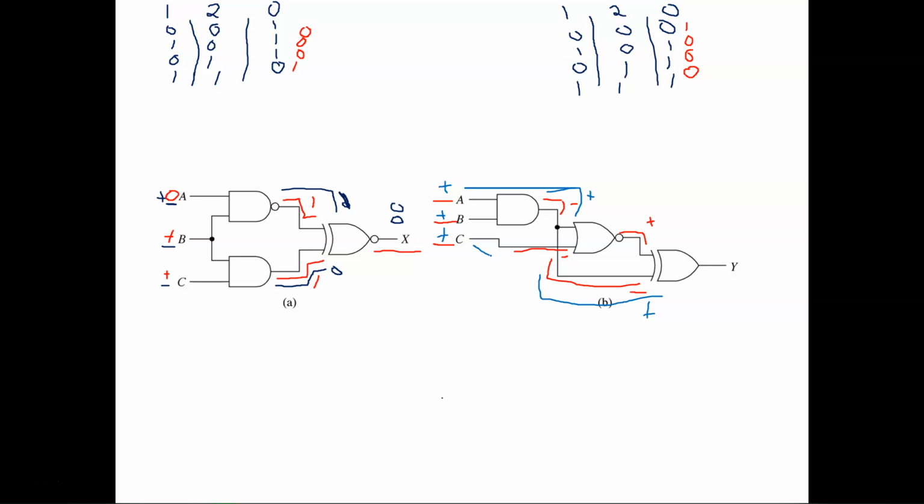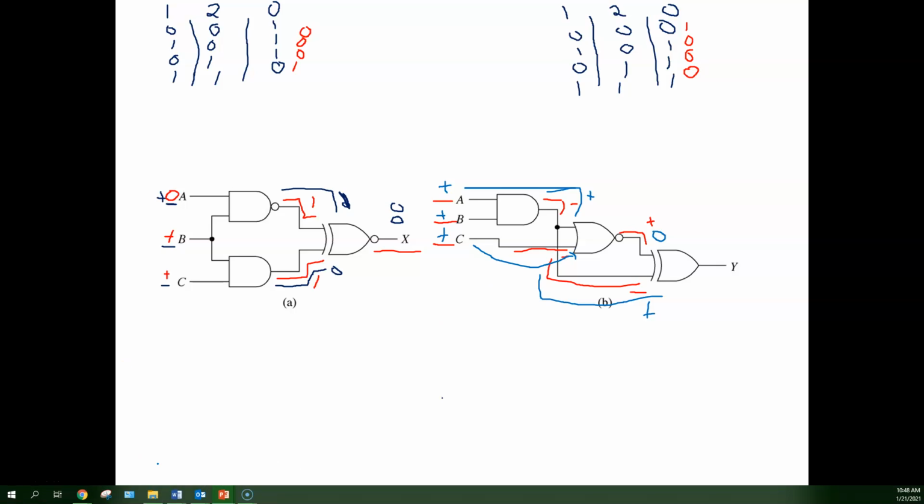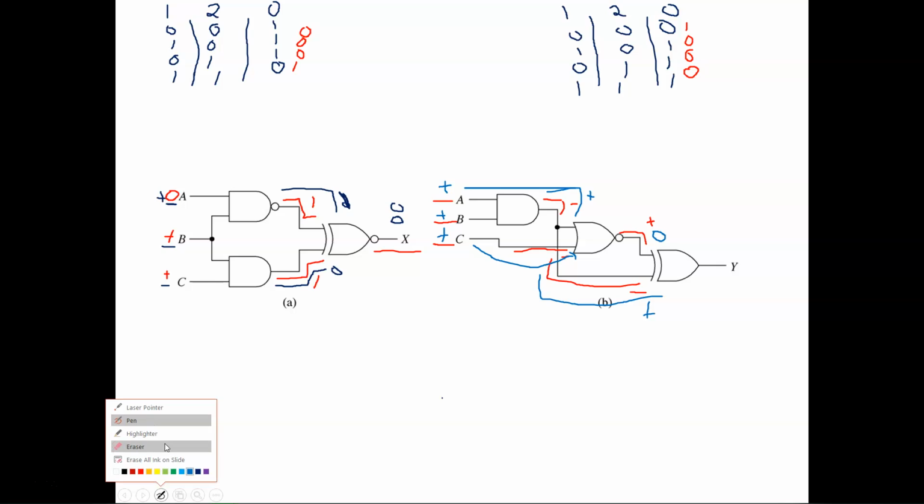But when I put a positive output on this guy, what does that give me out? A negative. It gives me a negative out, excuse me. So that means that this guy will again allow flow.